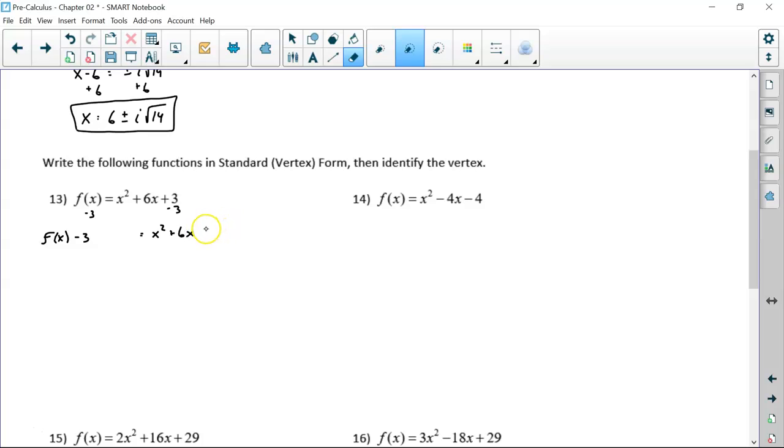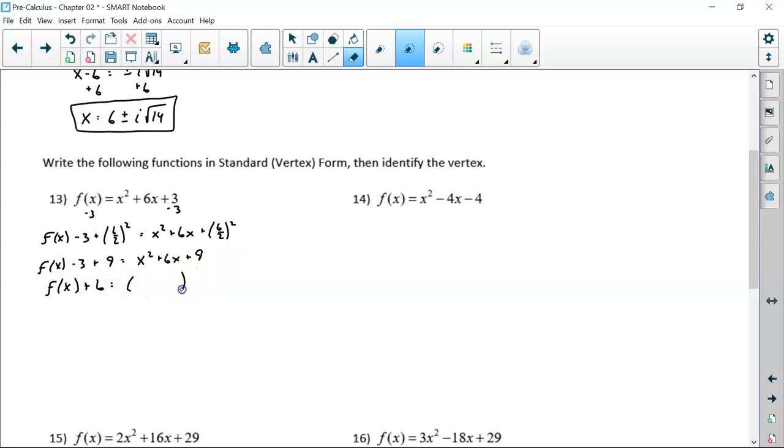Now, what we're doing is adding the middle term, 6 divided by 2 squared. So it gives me f of x minus 3 plus 6 divided by 2 is 3, squared is 9, equals x squared plus 6x plus 9. So f of x plus 6 equals.